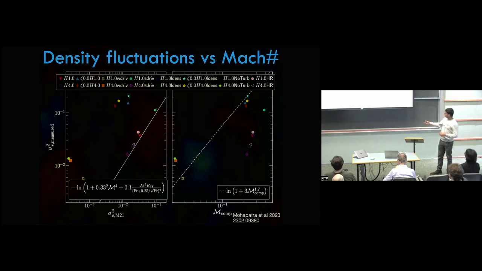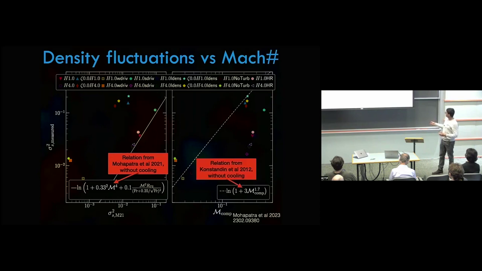Now, this is a relation that we predicted from our stratified turbulence simulations without cooling, and we found that many simulations actually work well for the fluctuations, but there are some which form cold gas, and they show excess fluctuations simply because this dense gas is collapsing to form this cold gas, and then we find larger density fluctuations in those regions. We found that it's possible to trace this using this Mach number. If we use the compressive Mach number, then it can predict these ones.